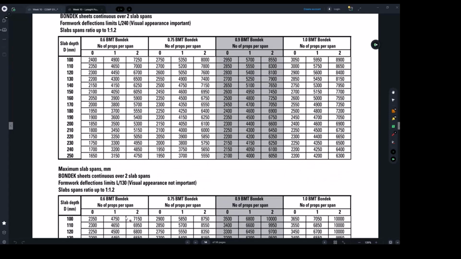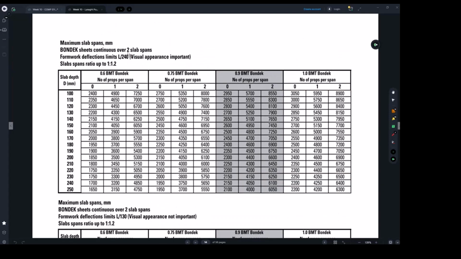So if in your project you are interested in flat floors, where visual appearance is important, then you have to make sure the deflection is not excessive. I'm not talking about the permanent deflection from loads, which the engineers look after. No, we're talking about the deflection that will happen by the time you pour the wet concrete on the deck. If you pour wet concrete on the deck, there's going to be a lot of heavy weight on it and it's going to deform.